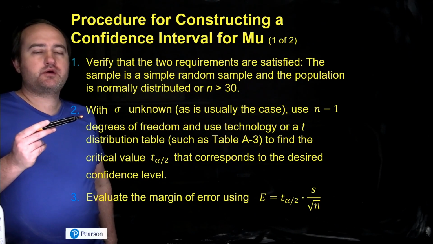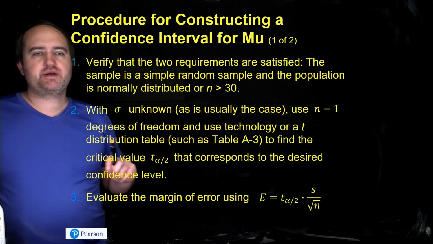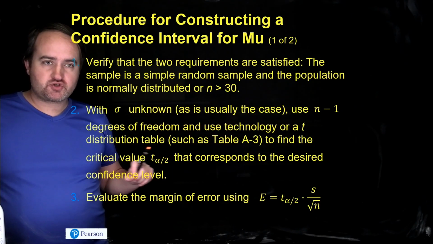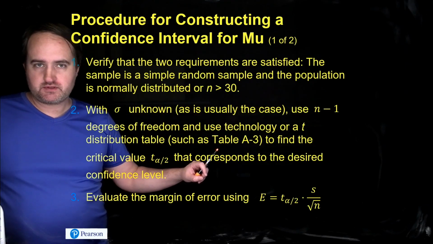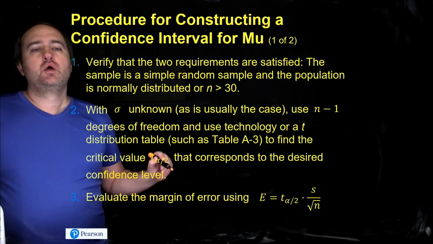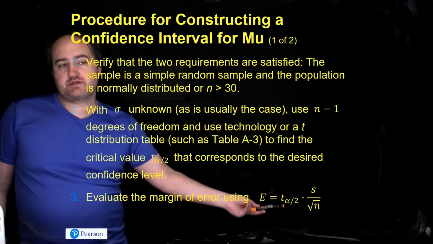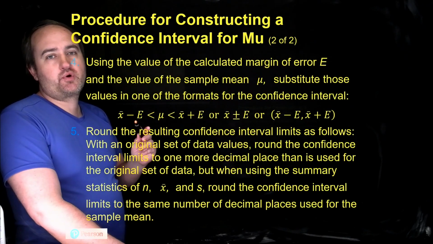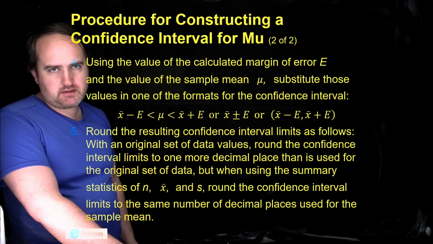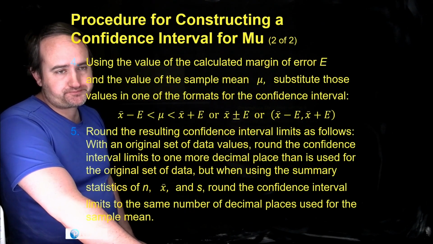So with sigma unknown, as is usually the case in the real world, you just use n minus 1 for your degrees of freedom, and then use the t distribution table, which is table A3, to find the critical value t sub alpha over 2. Once we have t sub alpha over 2, then we're going to evaluate the margin of error using this formula, and then we'll construct our confidence interval. Very similar process to what we did in our last video in 7.1.